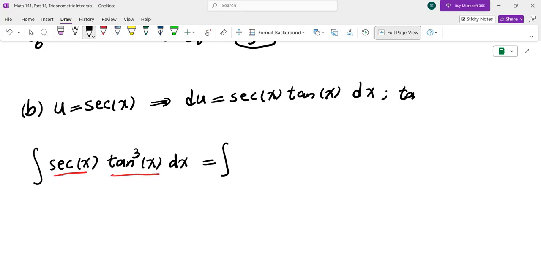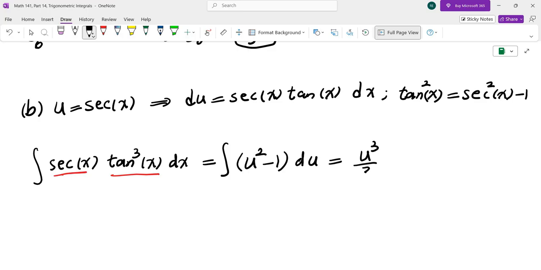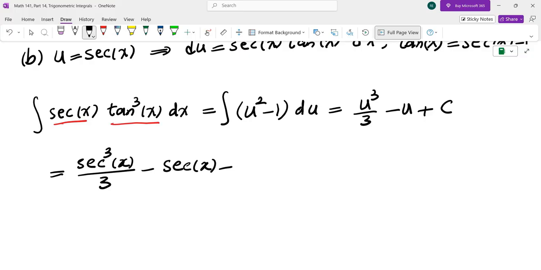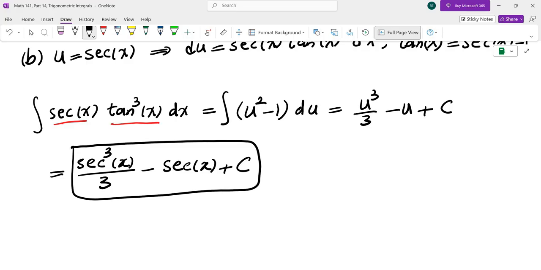Well, 2 of the tangent squared x is equal to secant squared x minus 1. So that would be u squared minus 1, and the rest of it is du. So this is u cubed over 3 minus u plus c. And then we can plug in the values. We get secant cubed of x over 3 minus secant of x plus c. So that is the answer to this part of the question.